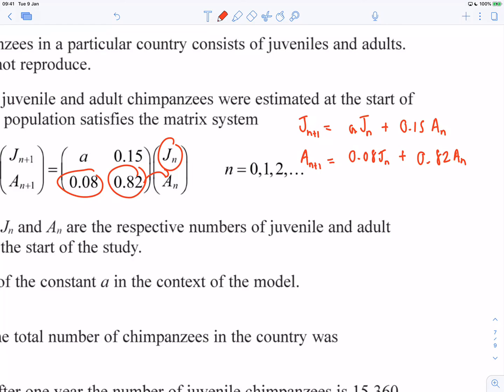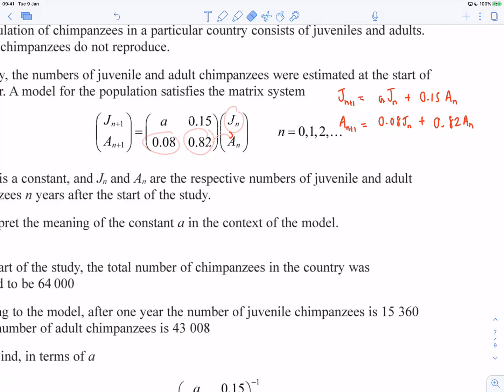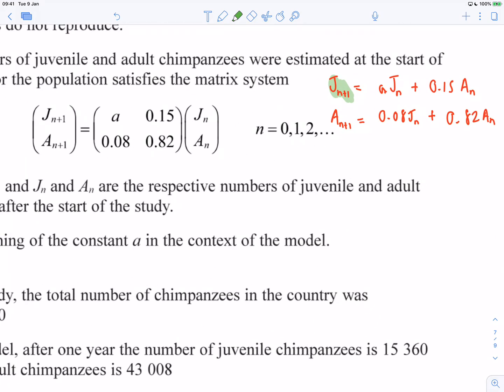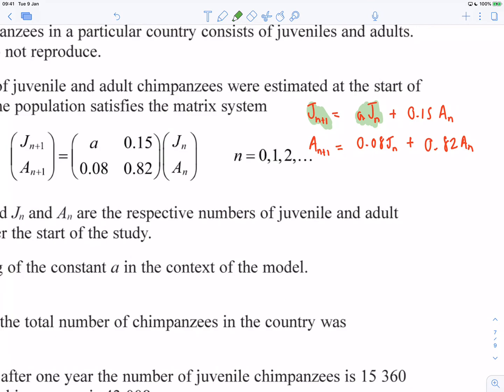Let's think about this. What does this mean? This means that for the juveniles next year, there's going to be some amount of juveniles that stay alive or stay kids because they haven't grown up yet. And then the 0.15 is saying that 15% of the adults will reproduce, or rather the number of new chimpanzees is proportional to the number of adults at the rate of 15%.